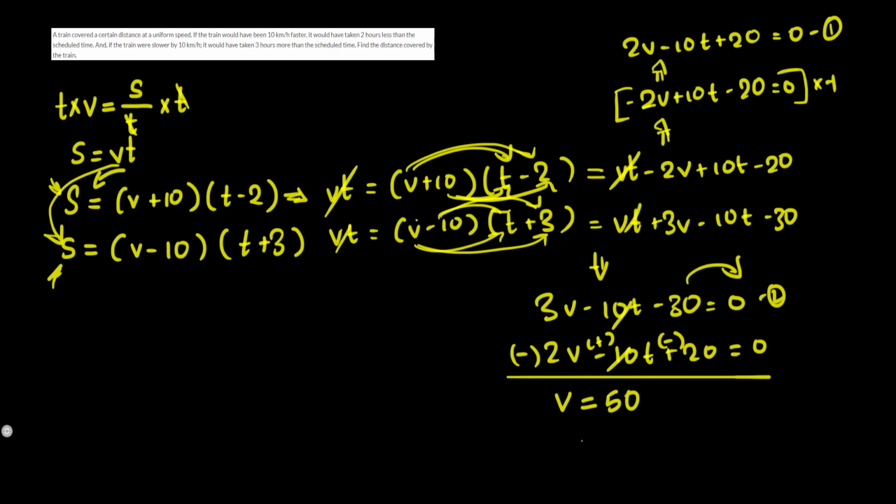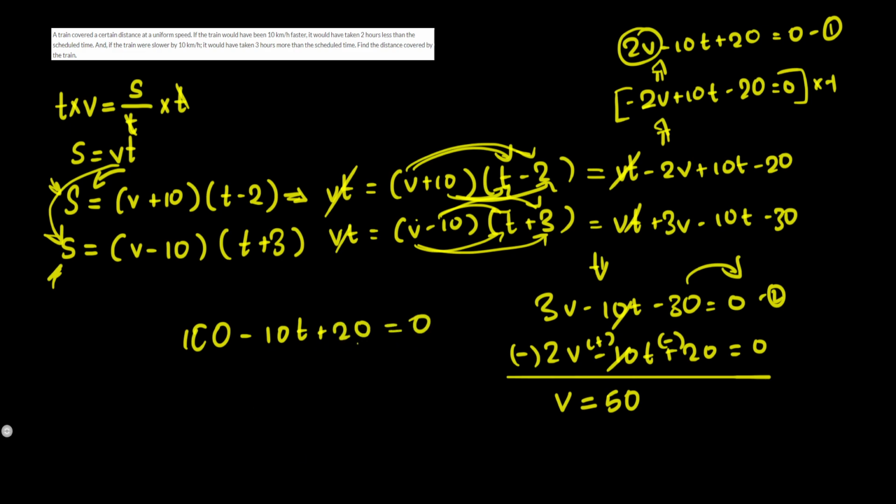Now we have to find the time, so that we can find the distance. The question is telling us to find the distance covered by the train, so we need to find time. What do we do for that? Let's substitute. I like equation 1, I feel that's easy. So 2 into 50 is 100. So 100 minus 10t plus 20 is equal to 0.